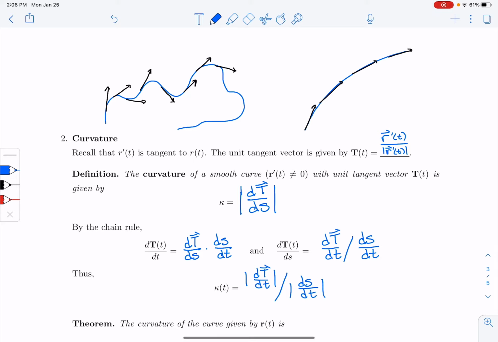That's going to be our definition of curvature. Again, this looks like it's going to be a difficult definition for us to apply. So we're going to think about all of our curves as having a parameterization, and that parameterization is going to be r of t.